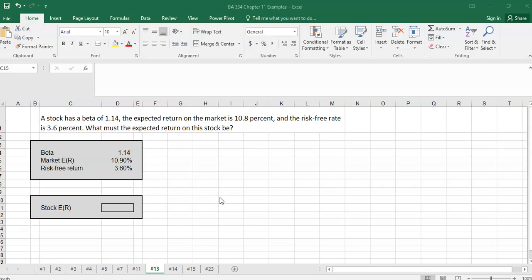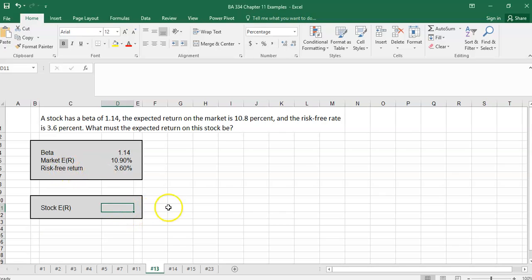So we're going to be looking at the risk-free return plus the beta times the difference between the market and the risk-free return. So this is also where the expected stock return is a calculation of what the market rate is versus the risk-free return.